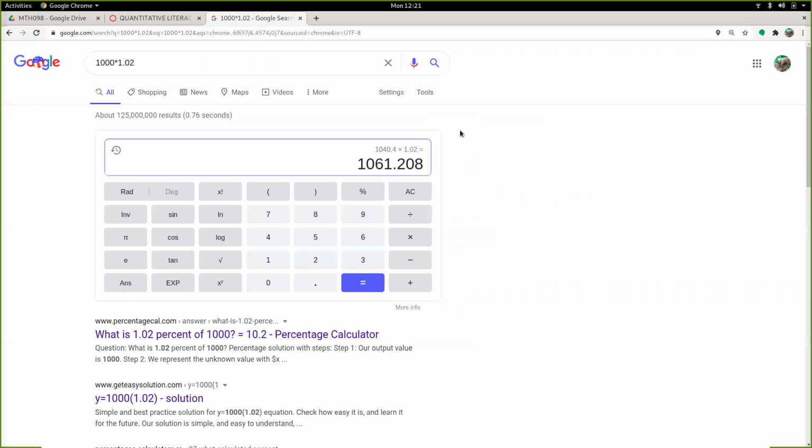So if I start with 1,000, and then I multiply by 1.02, and multiply again by 1.02, and multiply a third time by 1.02, I should get exactly that $1,061.21, right? Or we're going to call it 21 cents. So that faster way of adding interest back on really helps us in coming up with a shortcut for compound interest.